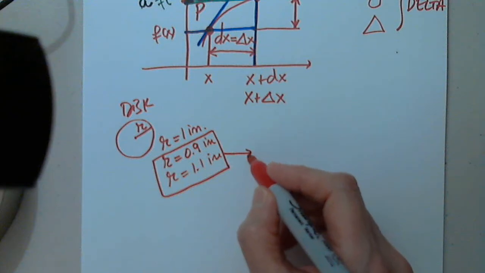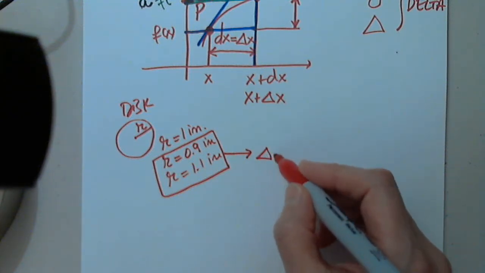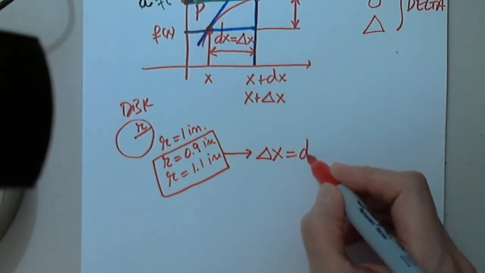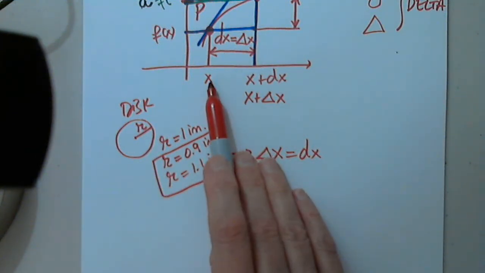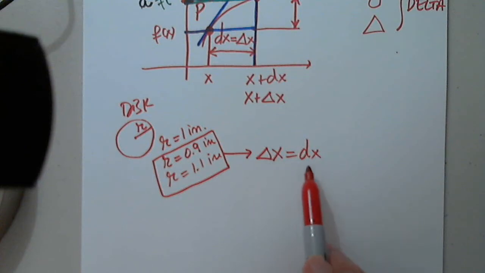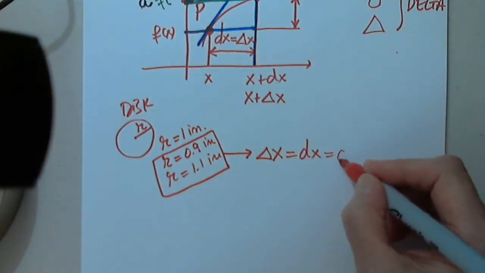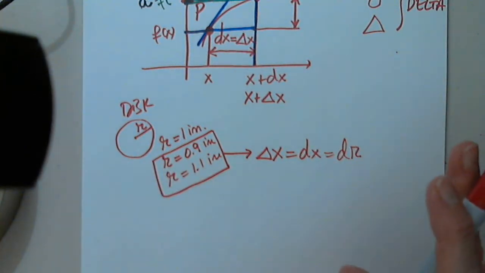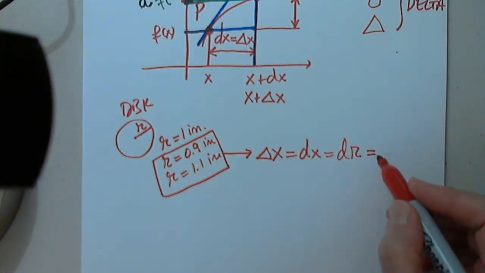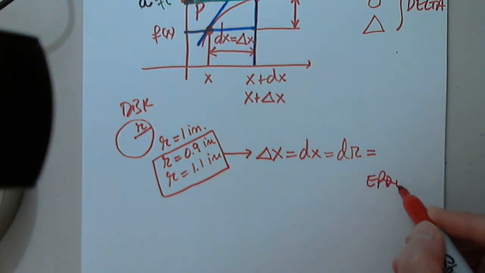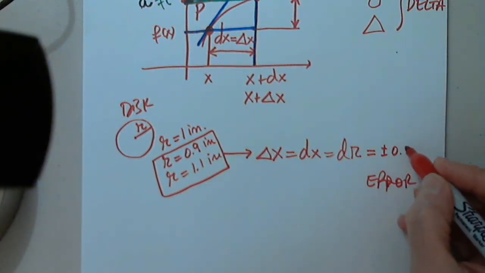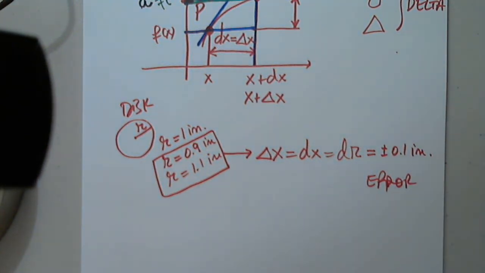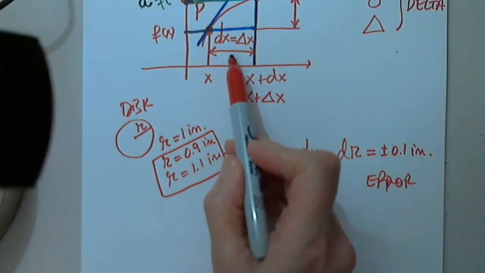Well, this means that there is a delta x or dx because x is my independent variable. Either delta x or dx, or if you want to call it dr for radius, that's fine too. So there is an error here. In my example, the error is plus or minus 0.1 of an inch. This is this error.